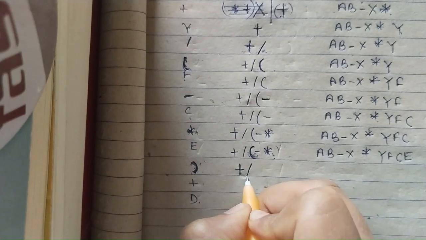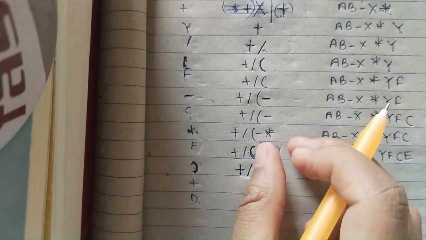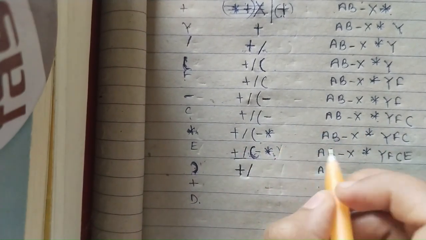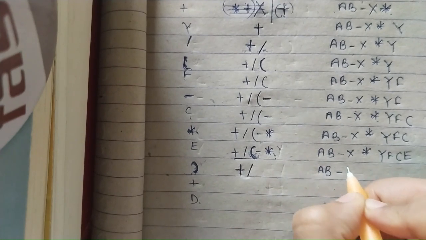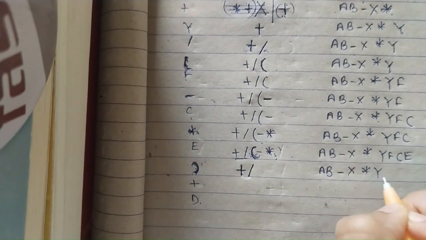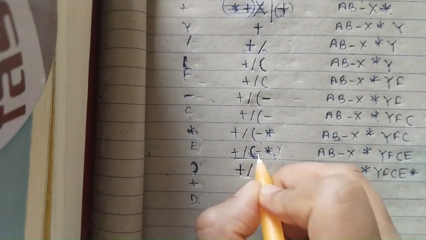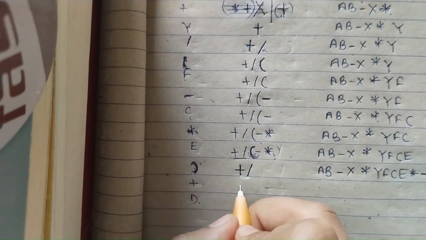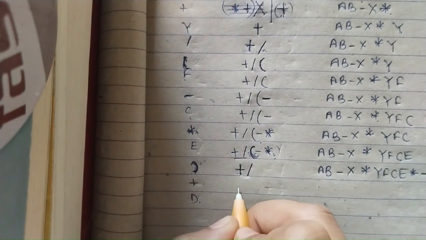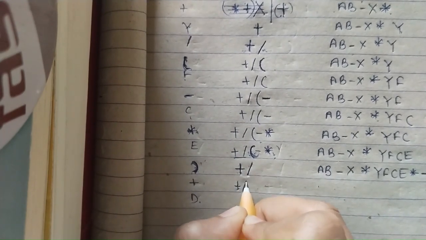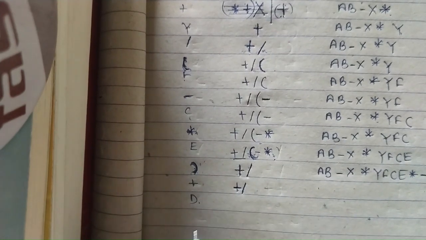So plus and divide will be left behind, and after popping this particular operator, we are going to write AB minus X into Y F C E. Multiply is going to get popped out first and then the minus sign. Now plus, then the division sign, and then again the plus one.